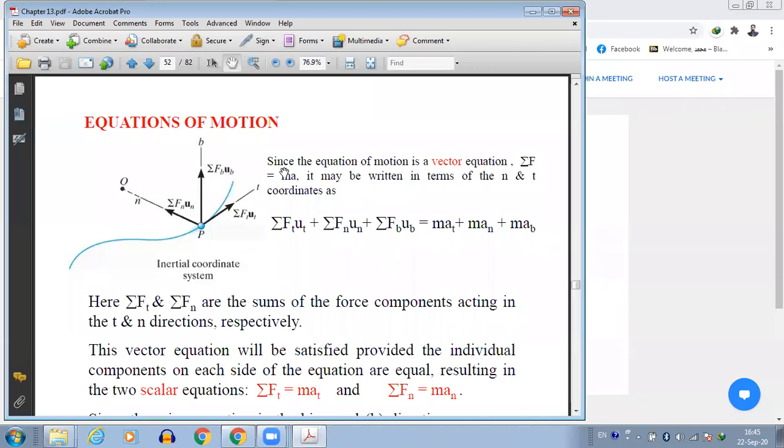Now we are talking about the normal tangential coordinate system, so we'll have summation Fn equals man, summation Ft, the tangential coordinate, equals mat, and summation Fb equals mab, the binormal coordinate.